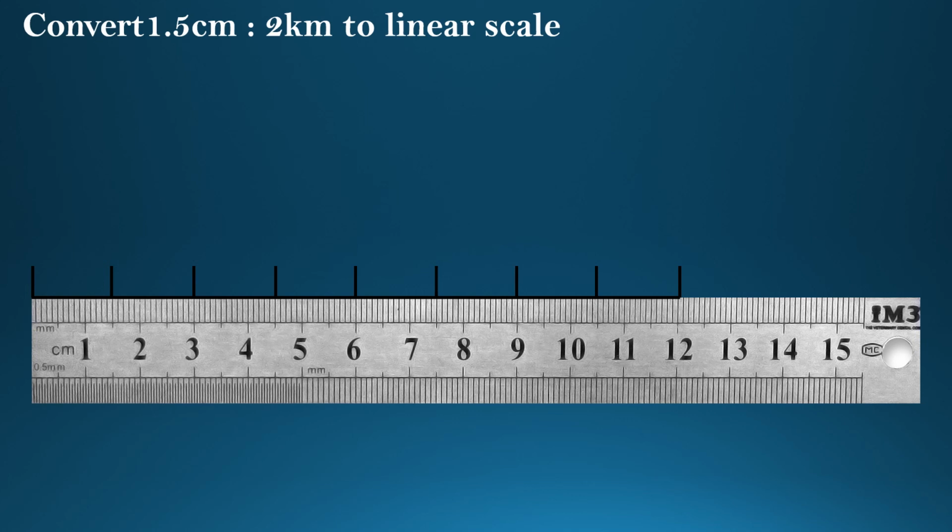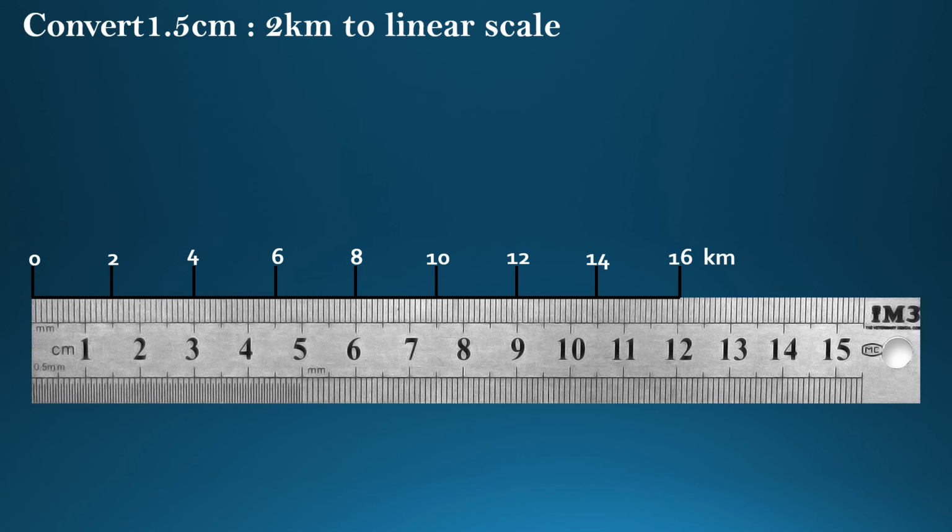Now the next thing we're going to do is to simply go up by 2 kilometers each time. So we're going to number our scale now and start at 0. So we say 0, 2, 4, 6, 8, 10, 12, 14, 16.